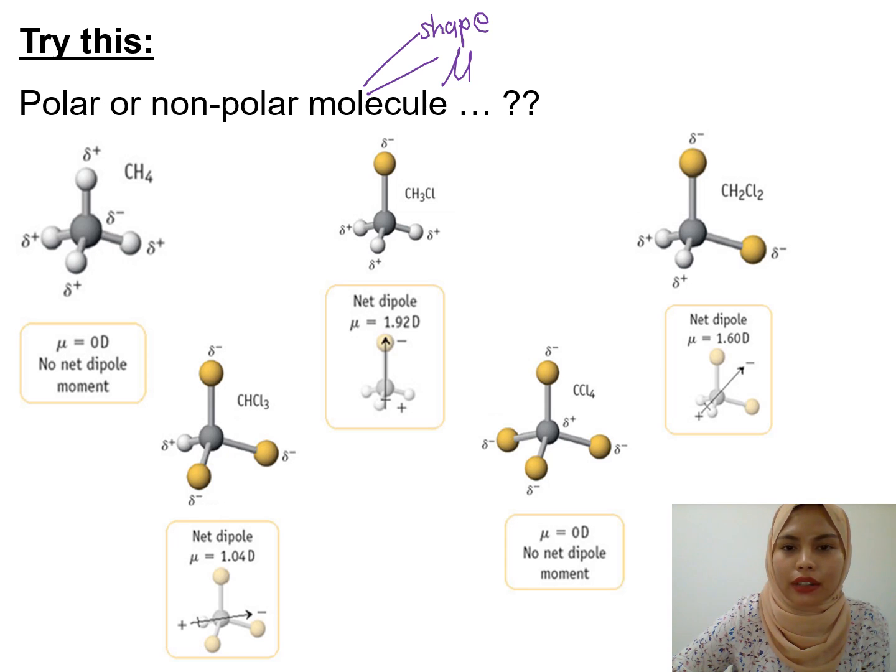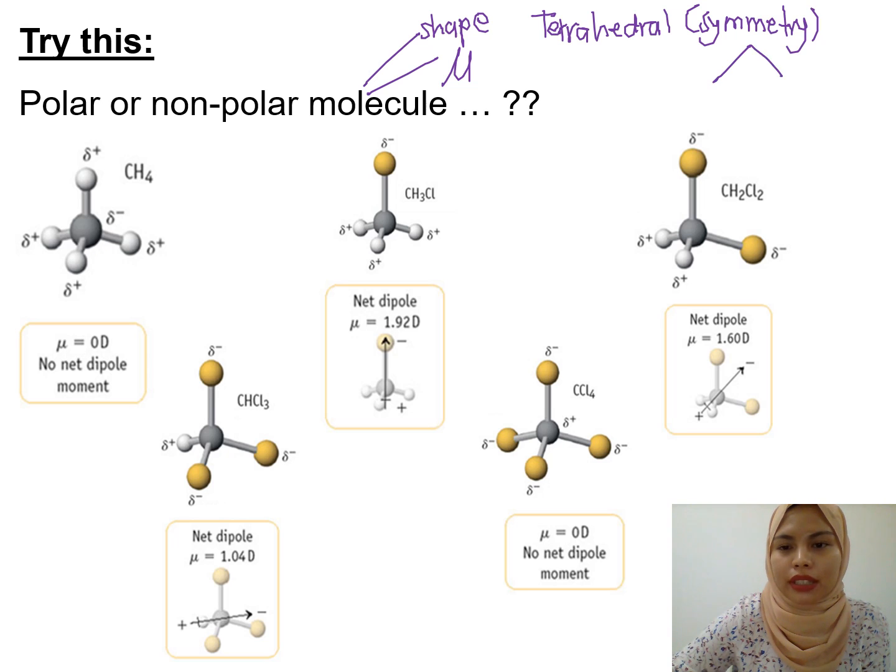So if you look at all of the shapes of these molecules yang dibagi, semua shape dia adalah tetrahedral. So kalau shape-nya tetrahedral, you will know that shape dia adalah symmetry. Kalau symmetry shape, dia ada dua possibility, which kalau dia punya terminal atoms sama or not. Okay, itu akan menentukan polarity of your molecule.